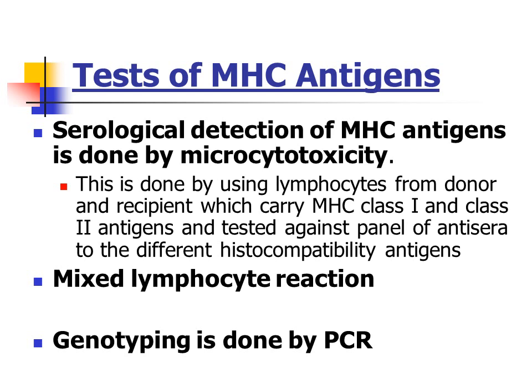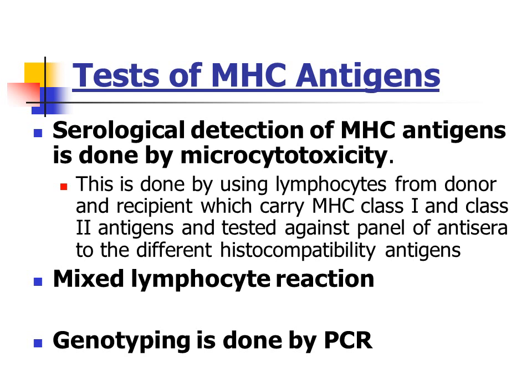This test is done using lymphocytes from donor and recipient, which carry MHC class 1 and class 2, so we are detecting MHC class 1 and class 2 antigens, tested against a panel of antisera to the different histocompatibility antigens. Then we compare the results of the two to see whether the cytotoxicity shows the same pattern, and where they differ or match.